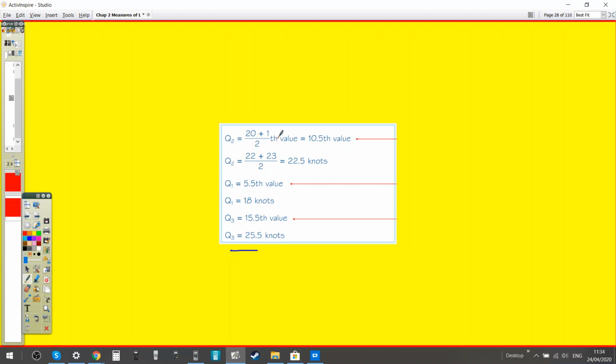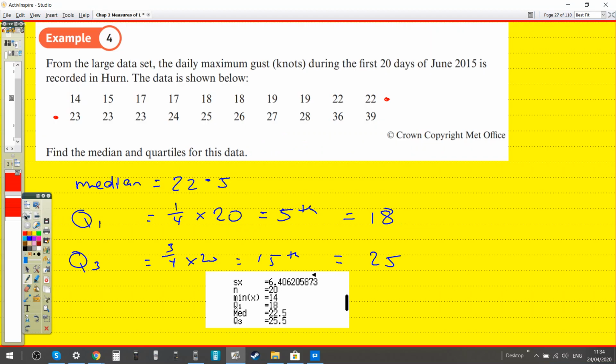Why is that? Oh, that's why. It's because this is continuous data: maximum daily gust in knots, so wind speed.